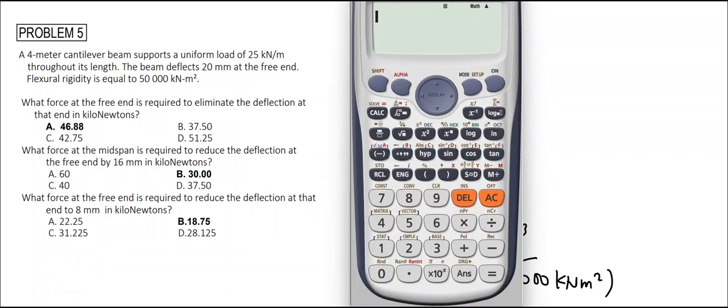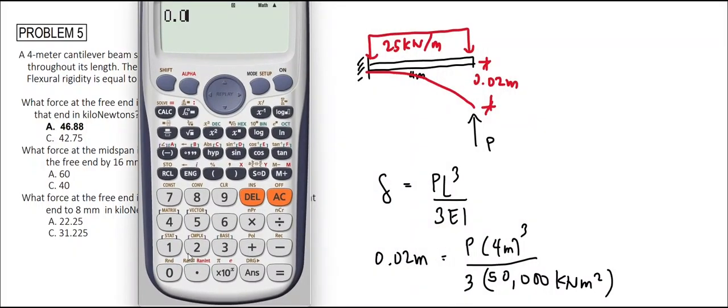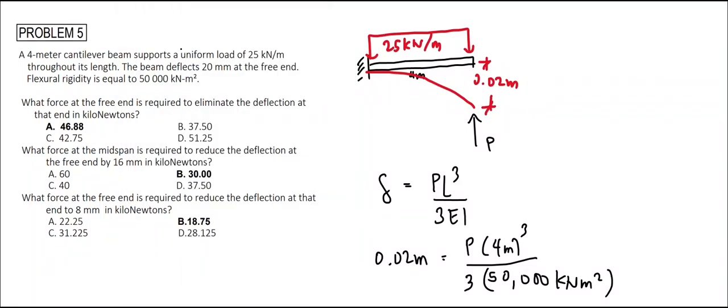Now we can solve for P, that is equal to 46.875 kilonewtons, and that is letter A.